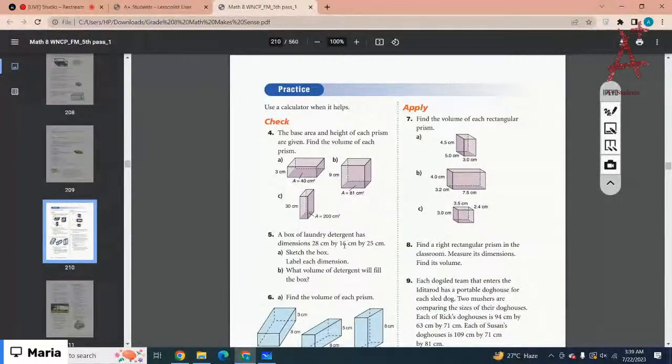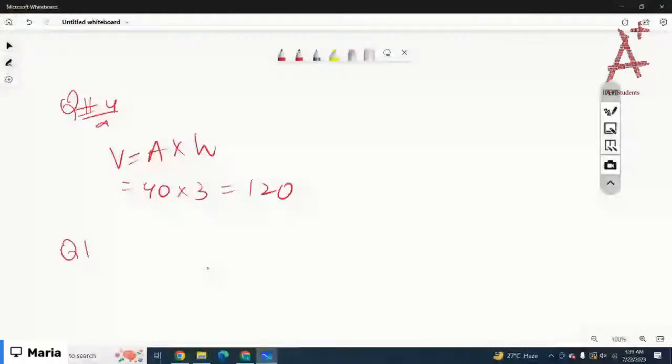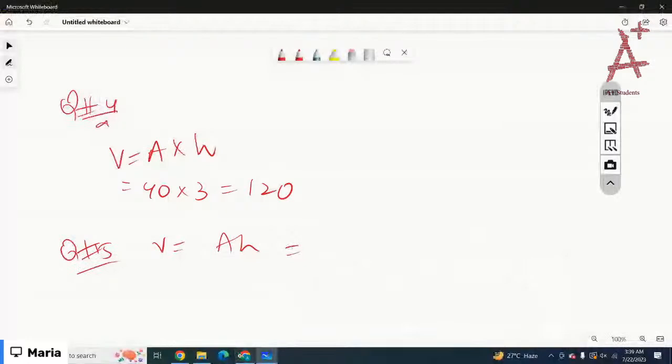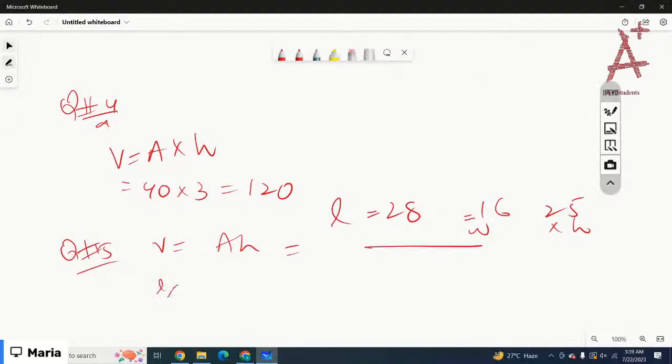For question number 5, you have to calculate the volume. And volume is V equals A times H. A is the area of the base. The dimensions are 28, 16 and 25. That is length, that is width, and that would be the height. So just calculate the area of the rectangular face, length times width.